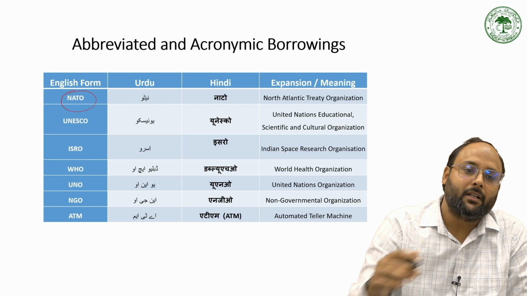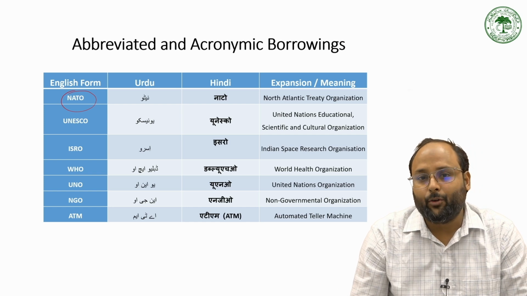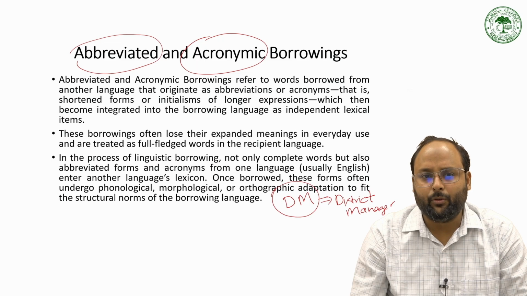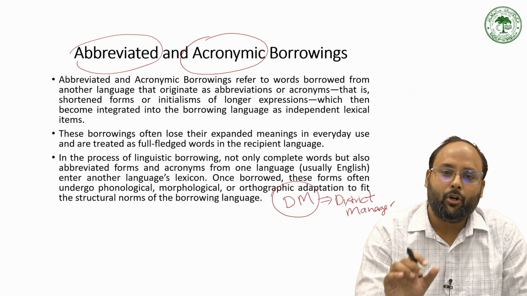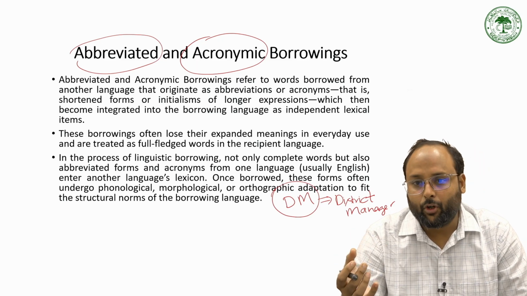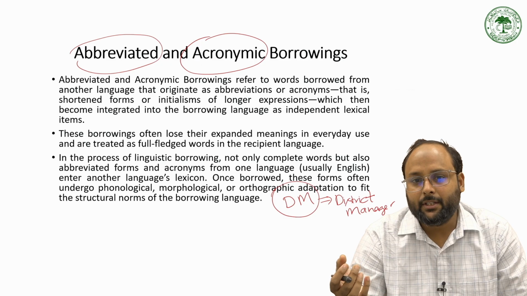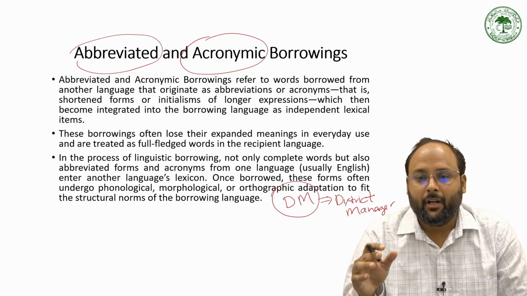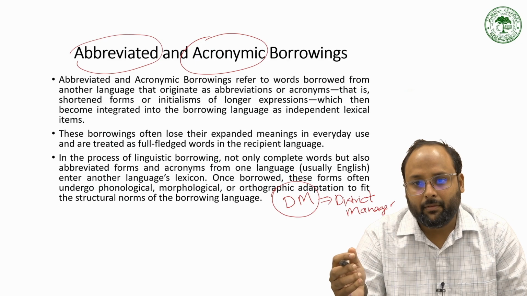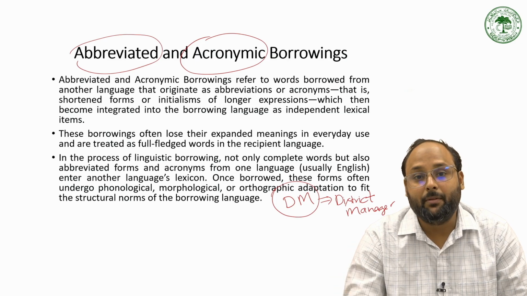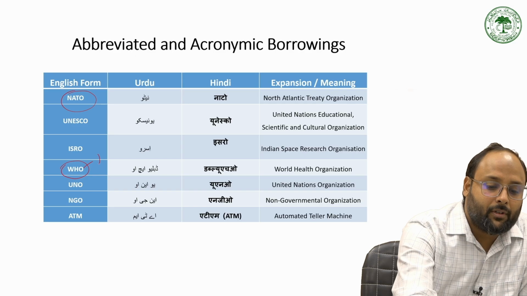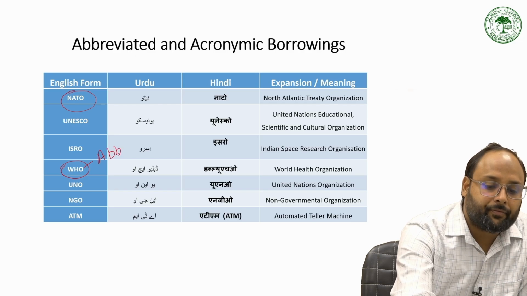And these are all abbreviations and acronyms, and we have already discussed the difference between them. Abbreviation means when we pronounce the shorter or initialist form with separate letters. For example, when I say DM, or WHO, that is an example of abbreviation.